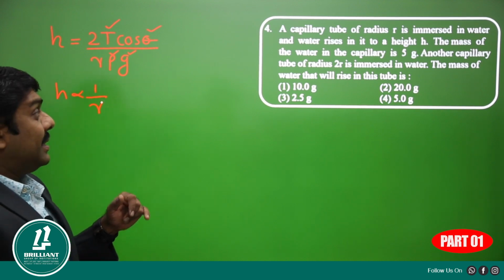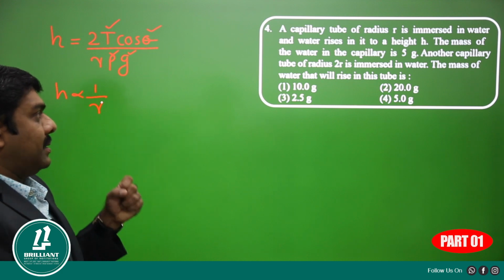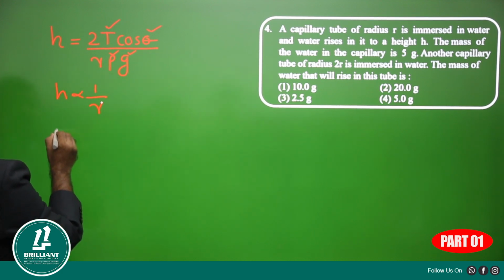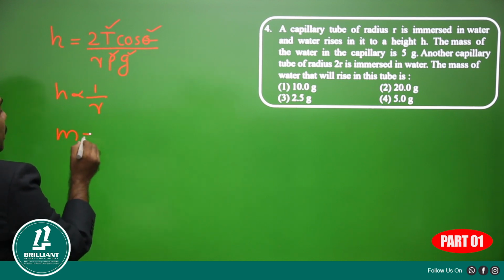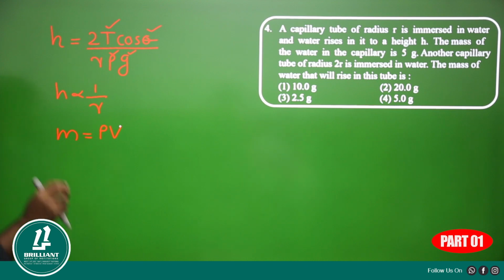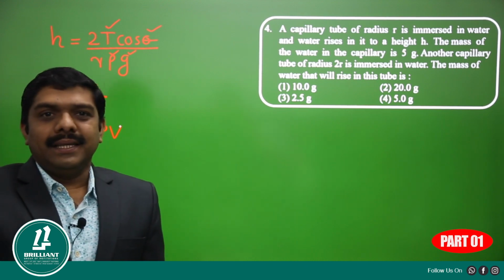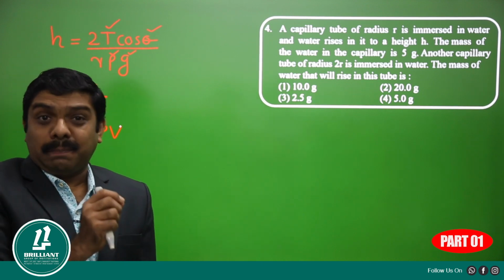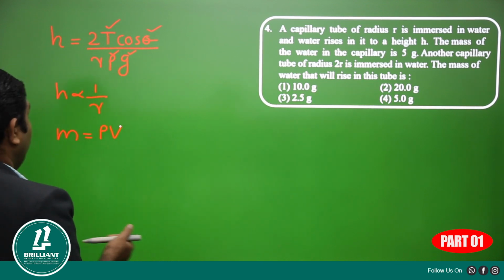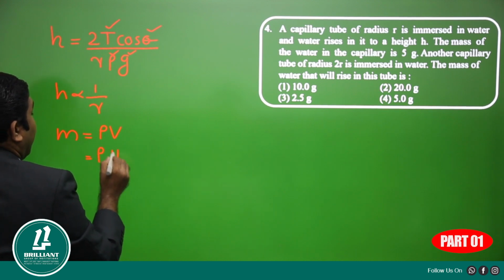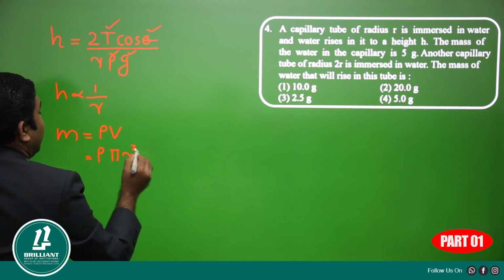Here the topic is related to mass of water. How is mass related? We know mass is equal to density into volume of the cylinder. What is the volume of the cylinder? Volume of the cylinder is pi r square h. So we can say mass is rho into pi r square h.